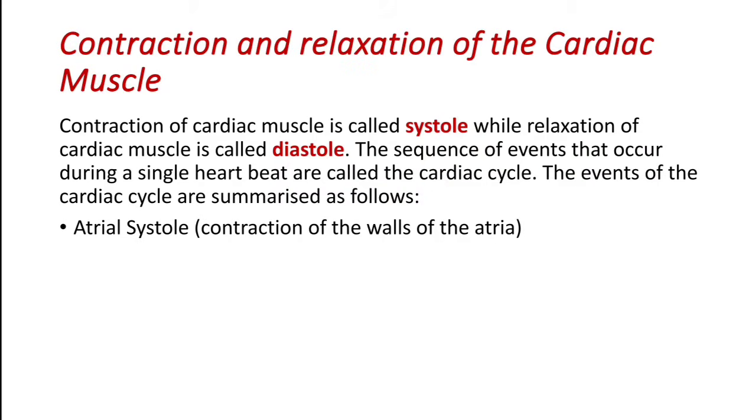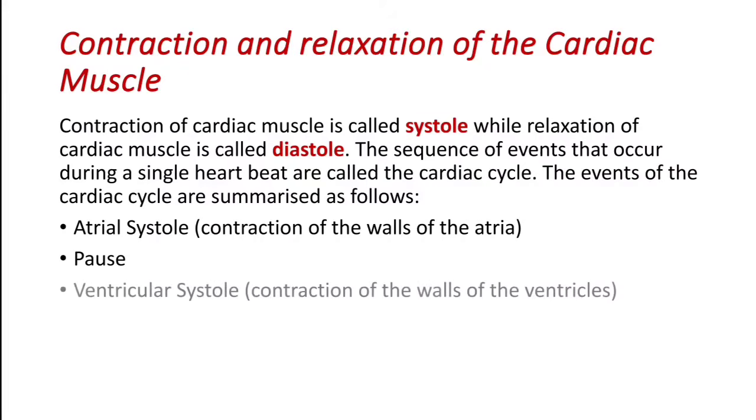So when the walls of the atria contract, it is known as what? Atrial systole. Contraction of the walls of the atria. And then after the contraction of the walls of the atria, there is a pause. Okay, and then after that, we're going to have ventricular systole.